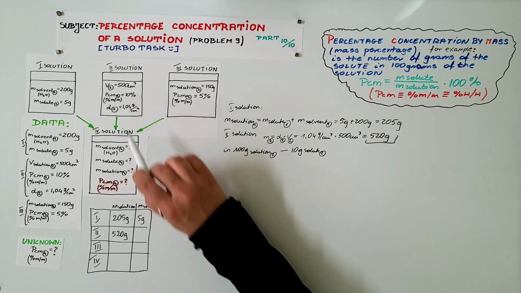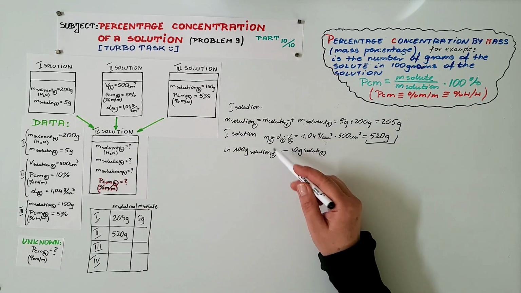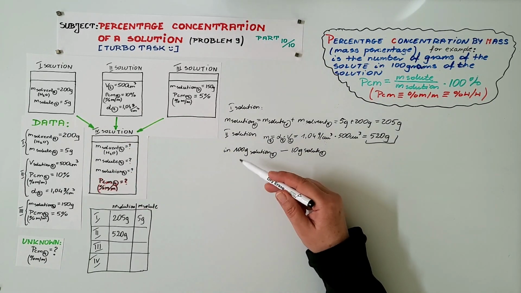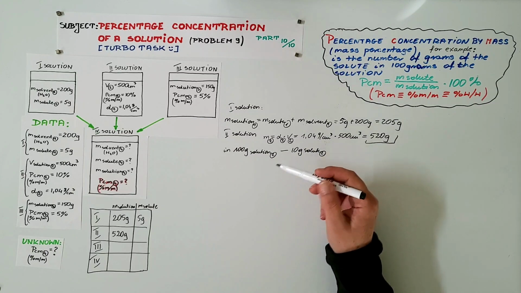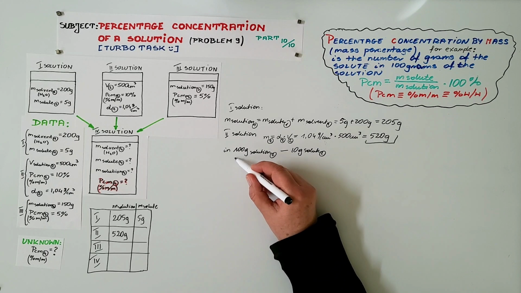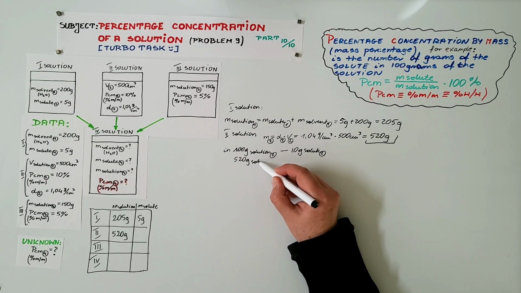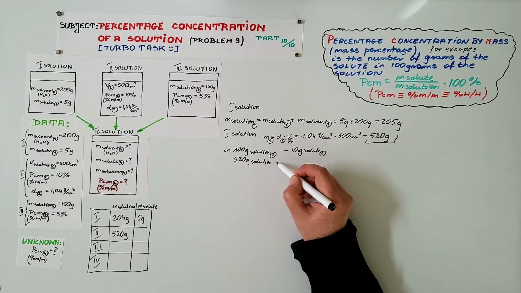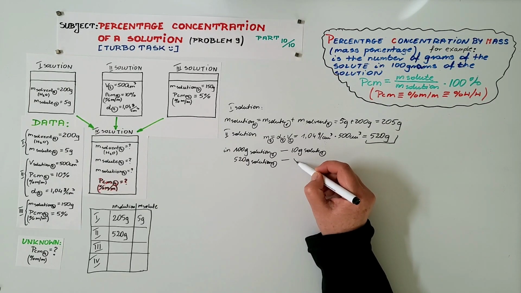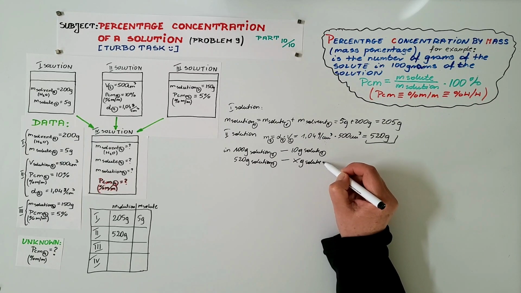So if our concentration is 10% by mass, in 100 grams of solution, there is 10 grams of solute. So in our 520 grams of solution 2, there is X grams of solute 2.